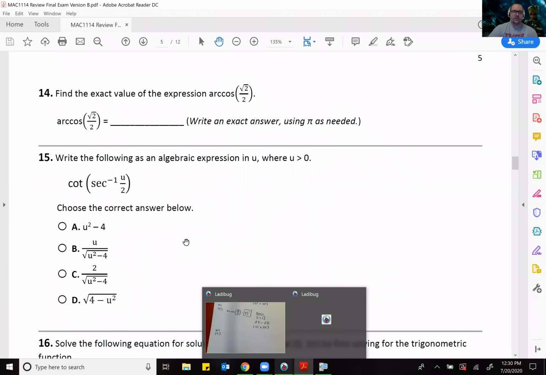So in this one, we have cotangent of secant inverse of u divided by 2. And they want us to write the following as an algebraic expression where u is greater than 0. Okay.